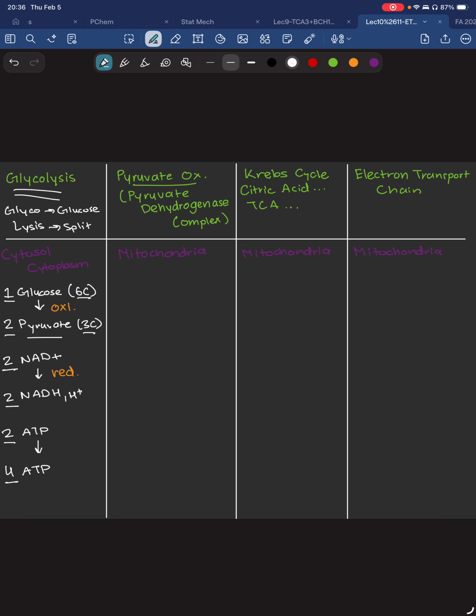You're making pyruvate, you're making NADH, and you're making ATP. Great. But what happens if you make all of your NAD plus into NADH? Right? What happens when you run out of NAD plus and you can't continue this process?